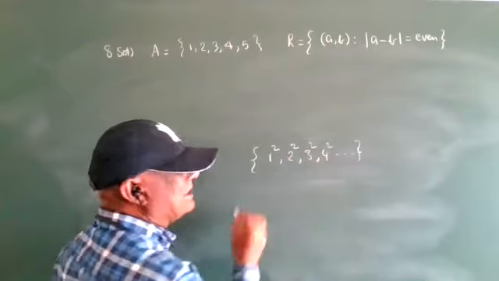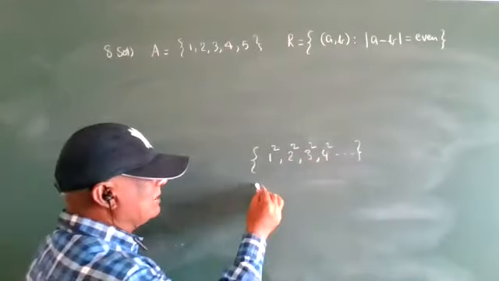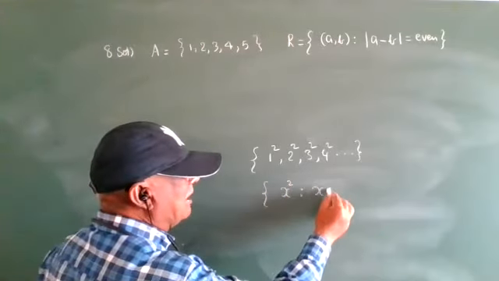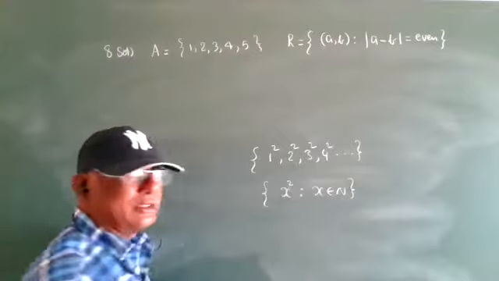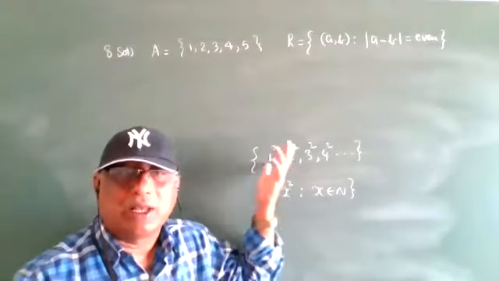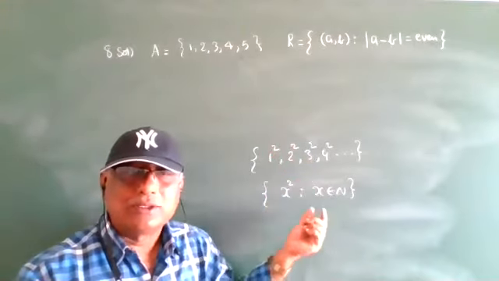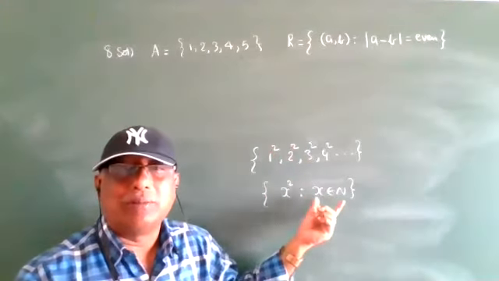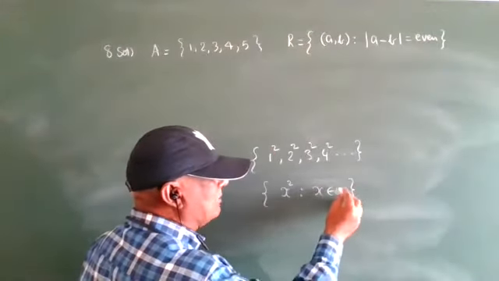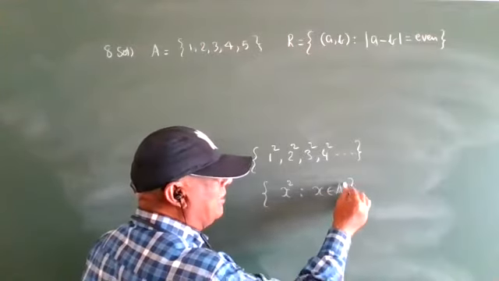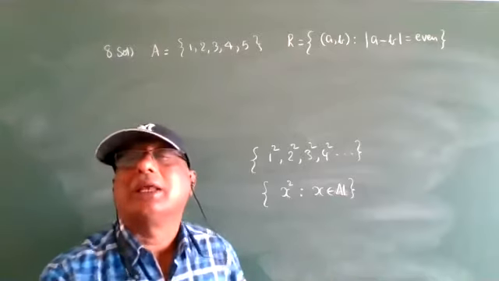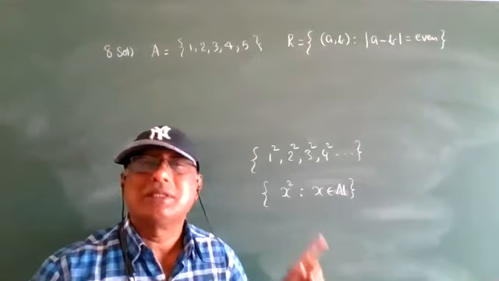We can write this as the set builder form, x square such that x belongs to natural numbers. In place of x we can take 1, 2, 3, 4. Or we can write any other letters, only alphabetic letters. Alphabetic letters mean in place of x we can take x, y, z. That is the meaning of set builder form.